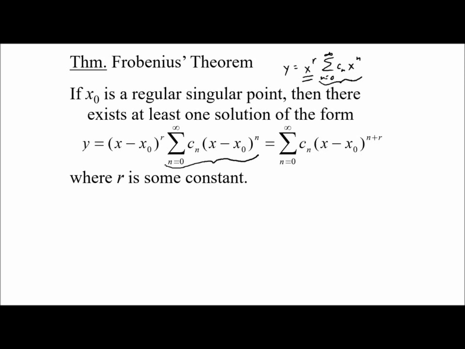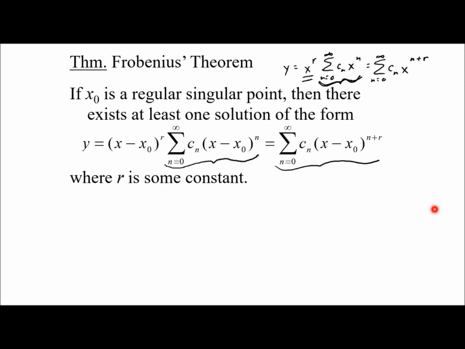Anyway, to get to the second form there, basically we're going to take that x to the r and bring it inside. And so it combines with that x to the nth power. So it'd be cn x to the n plus r. So when we were centered at an ordinary point, this was last class, we assumed that our solution was just a nice plain old normal power series.